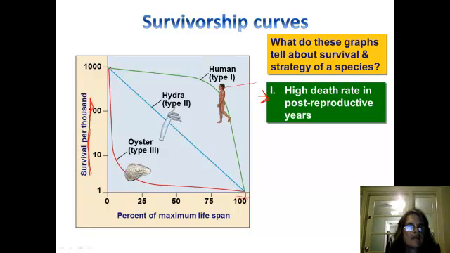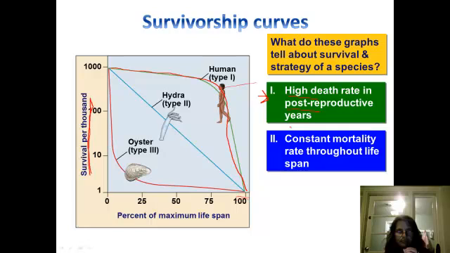So we have almost everyone surviving when we're young. Almost everyone, and that slowly falls until we hit old age, and then we get a rapid decline in old age. So the highest death rate is in the years after reproductive age, okay? That is a typical K strategist, okay?